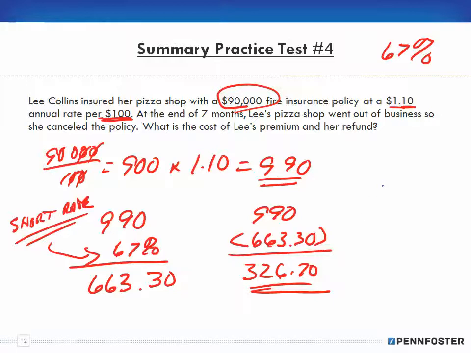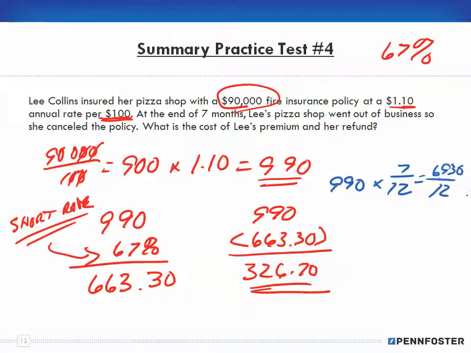Now, if the policy was canceled by the insurance company, all right, I'll just work through the figures here. So the annual premium is $990, and since 7 months was used, that's 7 over 12, right? And if we take the 990 times the 7, that gives us 6930, and we divide that by 12.